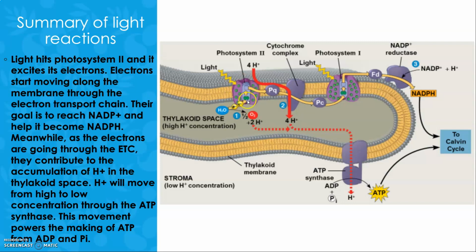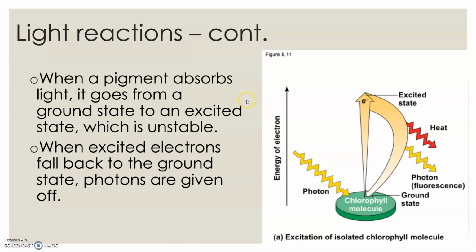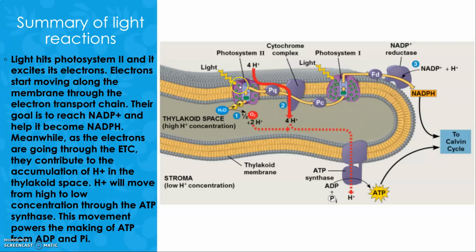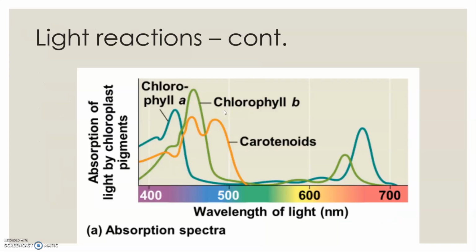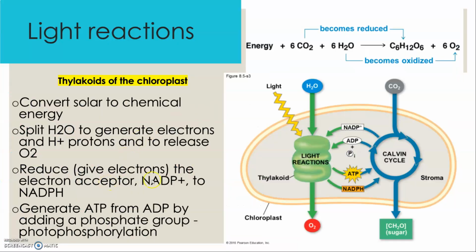Okay? A protein in the membrane. Light excites it and the electrons are going from this ground state to this excited state. So they kind of jump up in a way. Those electrons we received from water earlier. I hope you guys remember this, right? We are receiving electrons in the light reactions due to water splitting.